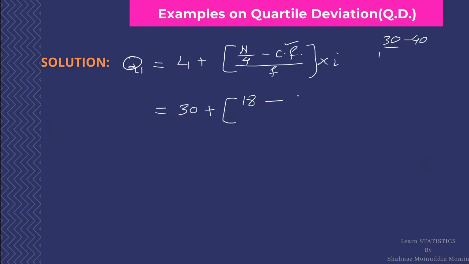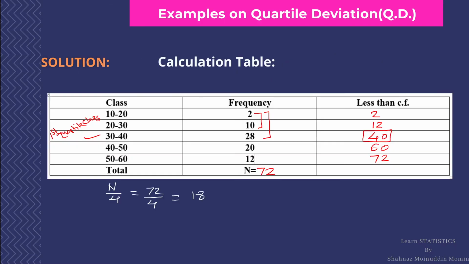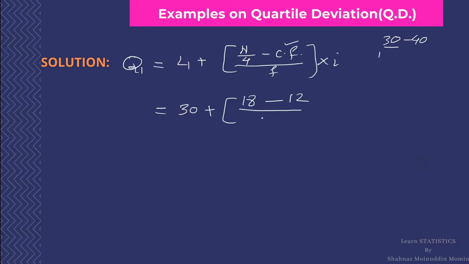So it is 12, and F is the frequency of the first quartile class, that is 28. So it is 28, and I is the class interval, the difference between the upper limit and lower limit of the first quartile class, that is 10.